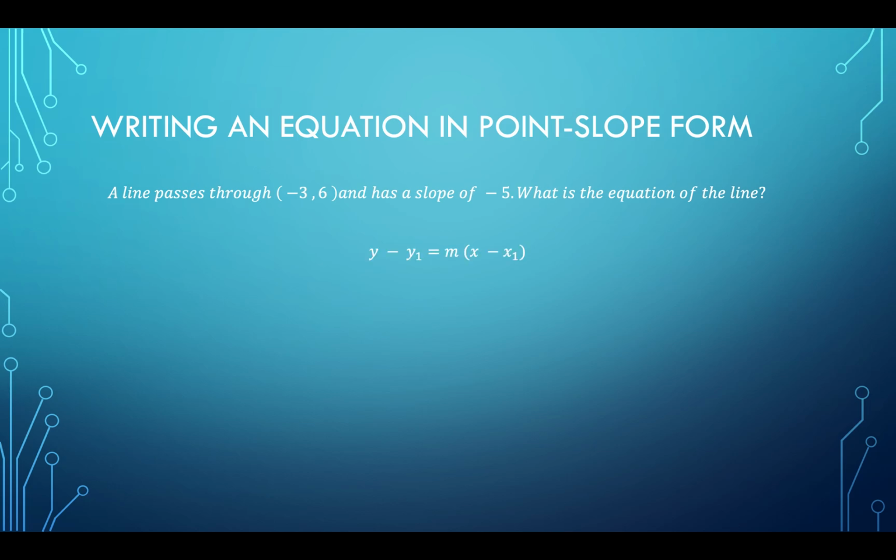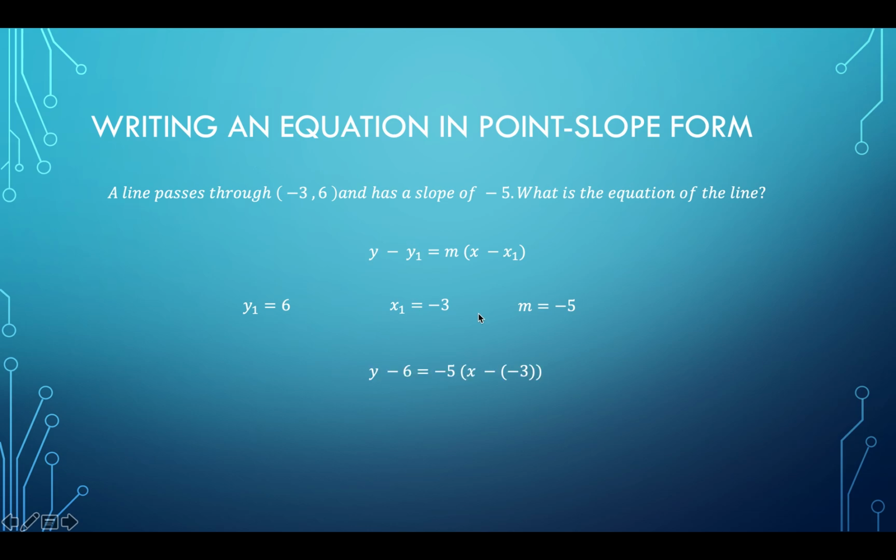Your first thing, since I ask for point slope form, is to write this formula: y minus y1 is equal to m, and then in parentheses x minus x1. Now you already have your y1, which is 6, and your x1, which is -3. I told you your slope is -5, so we have our m. You have everything you need to plug into this formula.